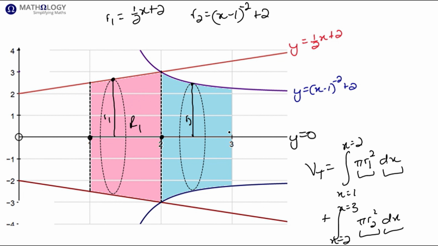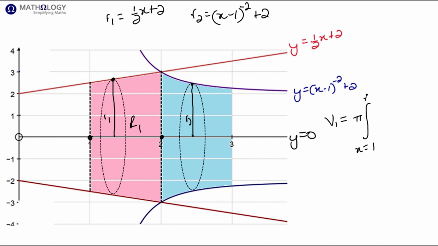So the volume of region 1 will be pi times the integral from x equals 1 to x equals 2 of r1 squared, so it will be (a half x plus 2) all squared dx. We're going to need to multiply this bracket out.